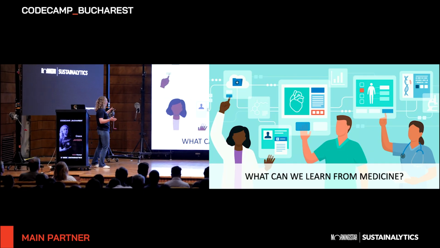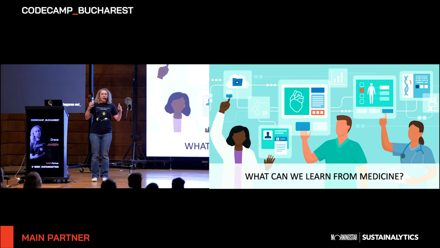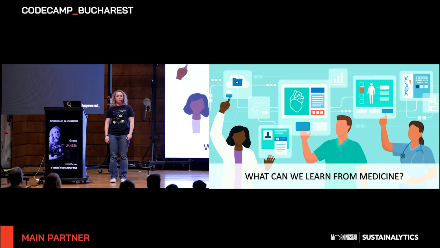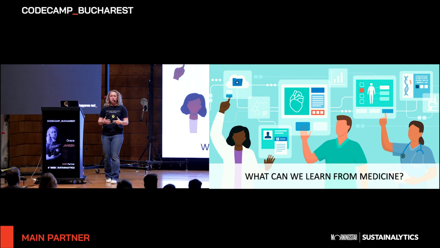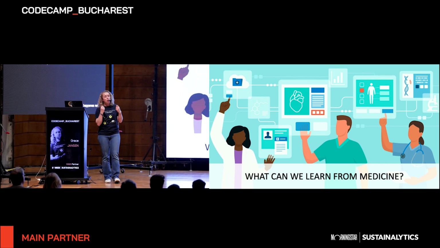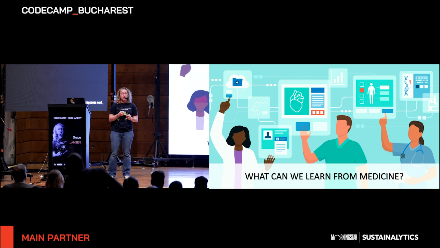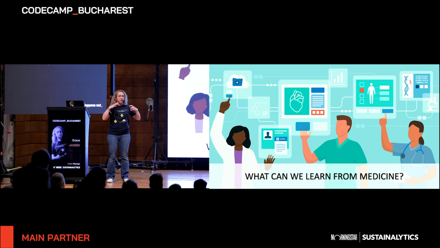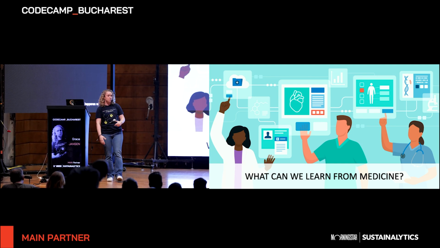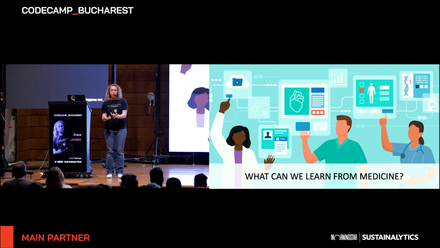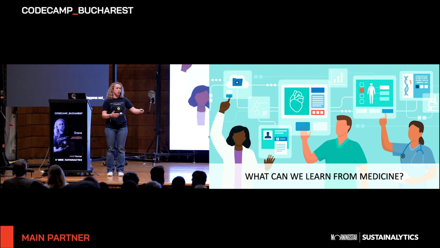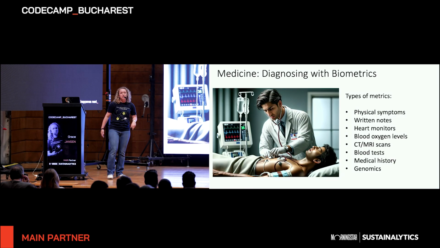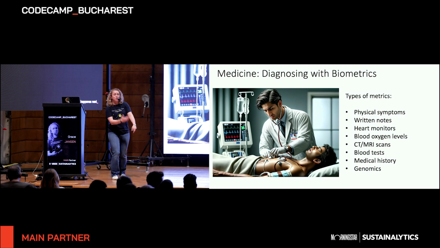So what can we learn from medicine? It takes years and studious hours to become a doctor because they have to learn to understand complicated metrics and analyze those metrics, often without a lot of understanding of what's going on outside of them, to understand what's going on with the patient, diagnose them, and come up with a solution. Those metrics can include physical symptoms, if my arm's falling off, that's an obvious one.